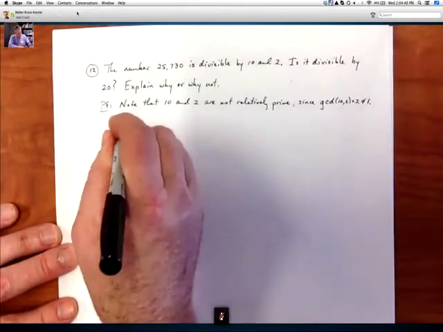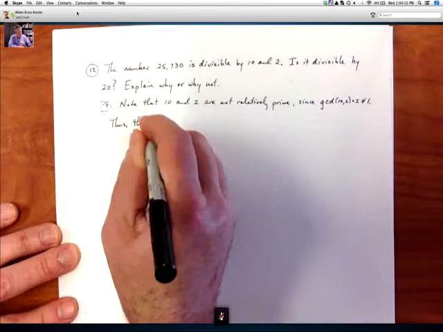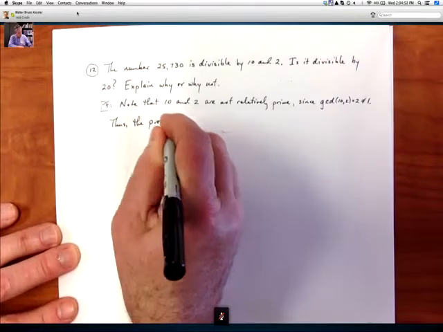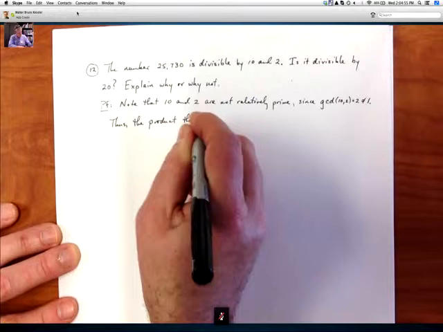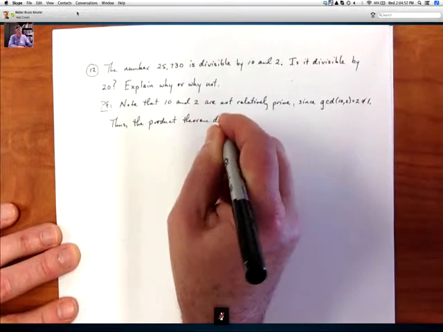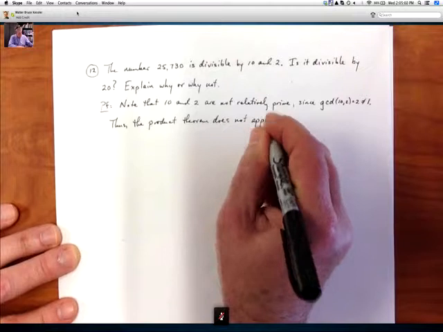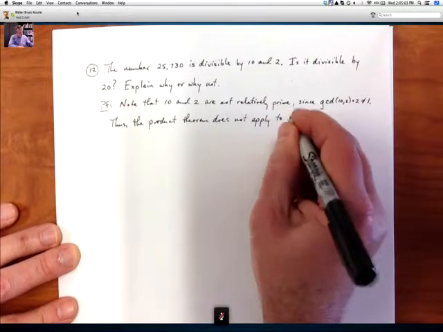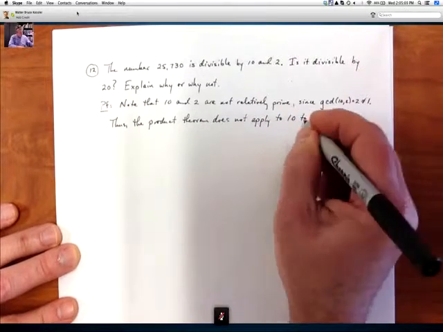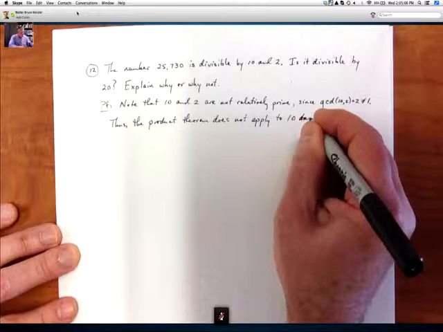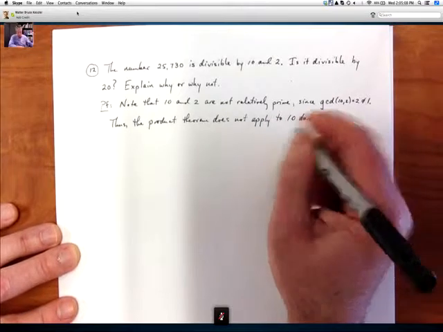So our product theorem does not apply to 10 and 2.